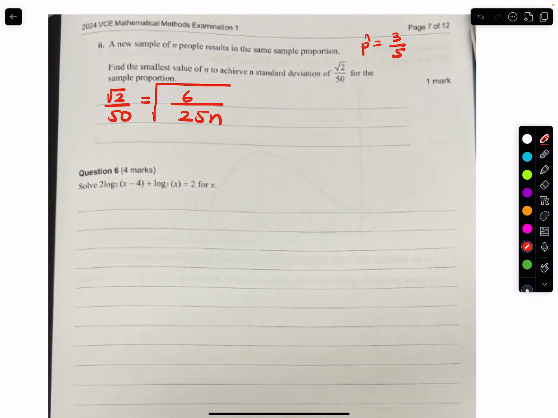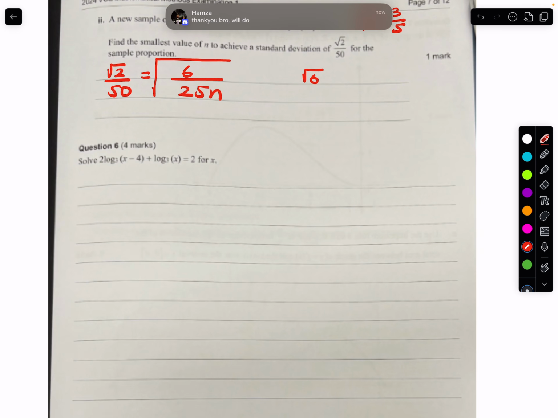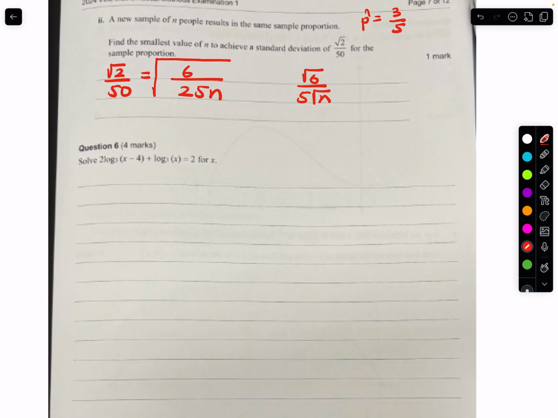Okay, so what we can do is write this part here, because you know that 25 can come out, so it'll become root 6 over 5 root n, because you've got that 25 and it comes out. And the other ones are still square rooted. Okay, so that becomes root 6 over 5 root n.